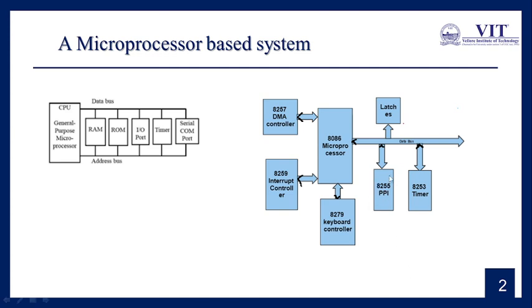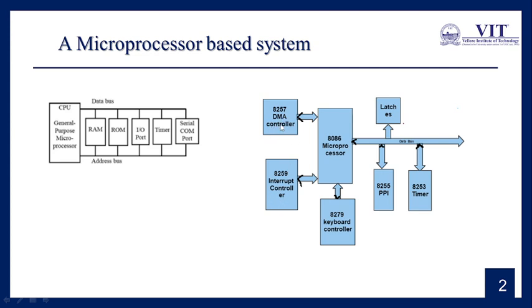In this video, we are going to study the block diagram, how many ports are available, and what modes are available for 8255. Similar to 8255, there are many other peripheral ICs which could be connected to a microprocessor to make a microprocessor system. 8253 is a timer, and that video is also available. 8279 is a keyboard interface, and 8259 is the interrupt controller, to manage the interrupting signals.